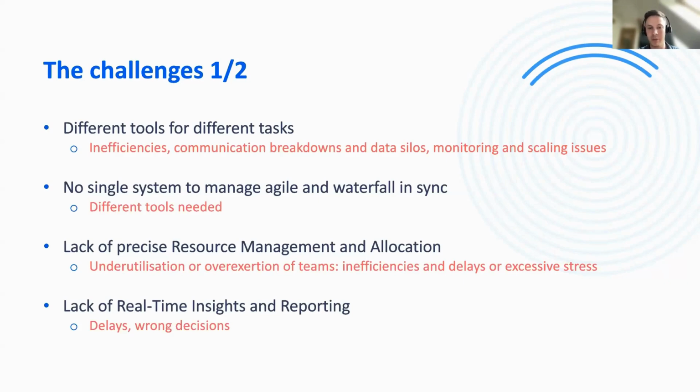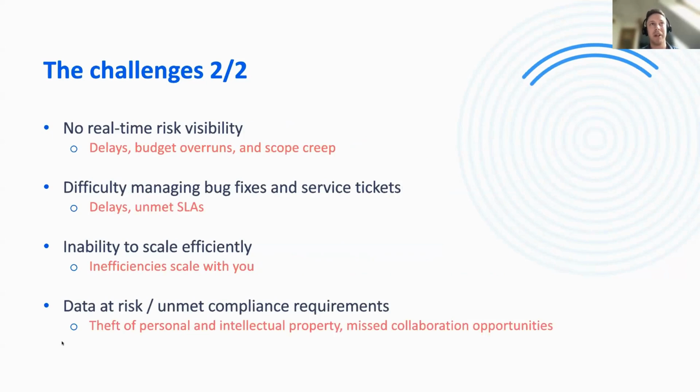Or maybe you're giving too much work to people, stressing them out and maybe making them quit. Similarly, if you don't have one tool that combines all these different aspects of work, of the projects, then it's hard to have real-time insight and reporting of the whole picture. And same for risk visibility, which may lead to budget overruns. Scope creep is the bane of project managers.